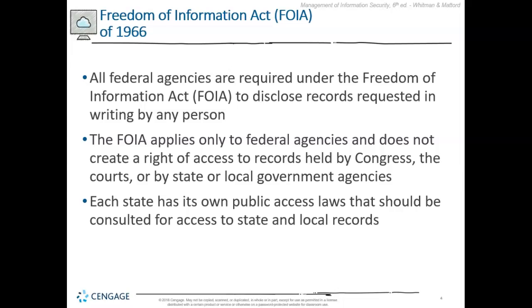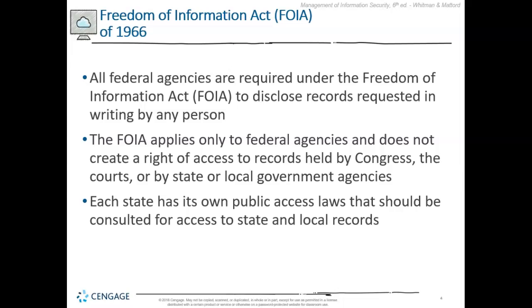The Freedom of Information Act, or FOIA, 1966, requires government agencies, when they receive a FOIA request, to disclose records that an individual wants to have access to. The FOIA applies only to federal agencies and does not create a right of access to records held by Congress, the courts, or by state and local government agencies.